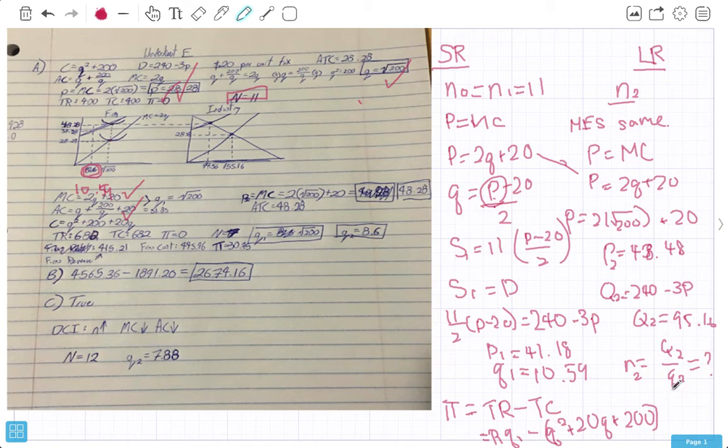And then what you do is new supply 2 would be this, and the q would be P minus 20 over 2, like that. I'm going to solve for that by plugging in this value here, and then solving for this, you should get a new supply.